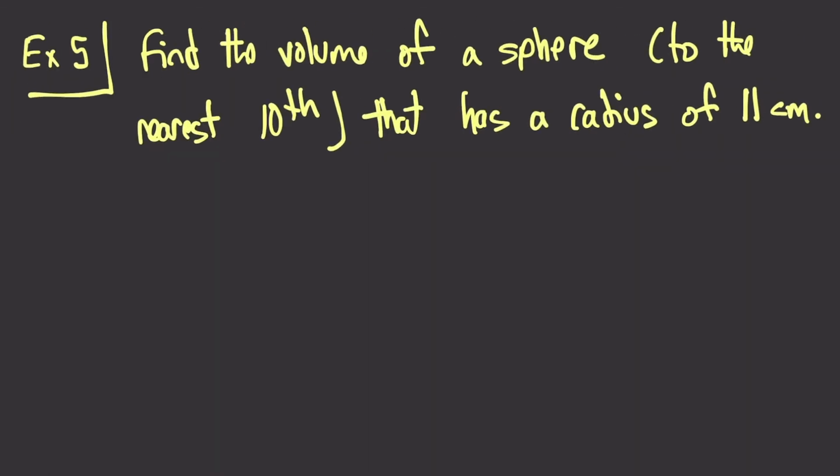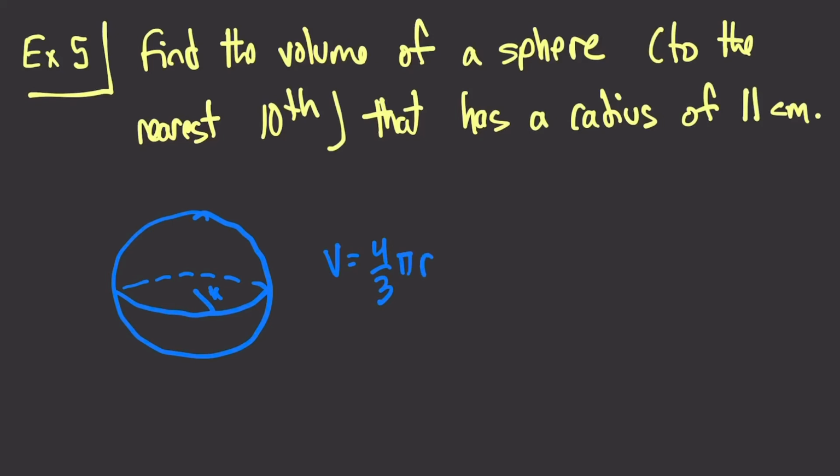All right, our last two we're going to have to do with a sphere. A sphere is like a beach ball, basketball. All right, so this one says here it has a radius of 11 centimeters. All right, so the radius is 11, and my formula for volume of a sphere is 4/3 pi r cubed.